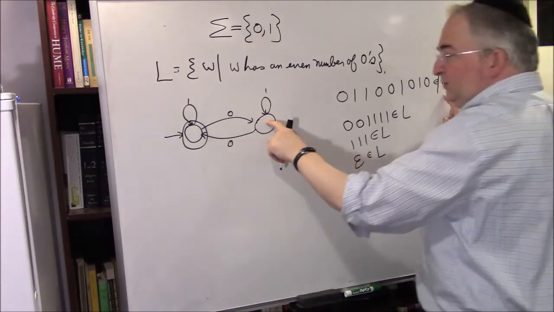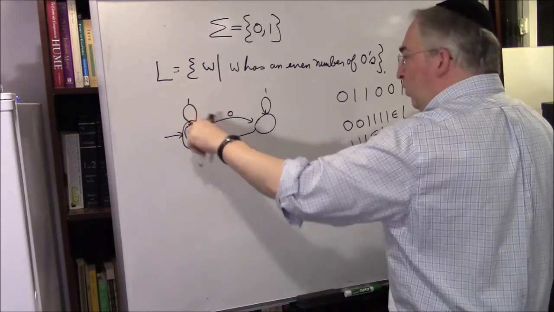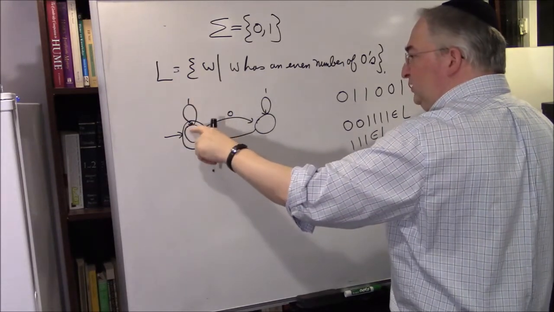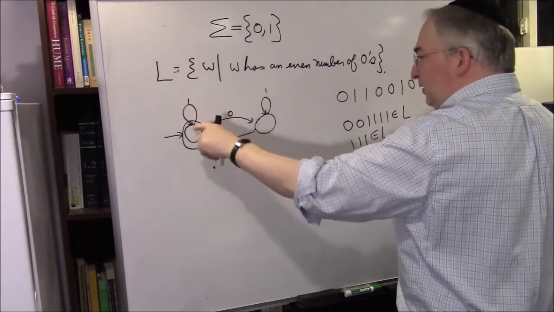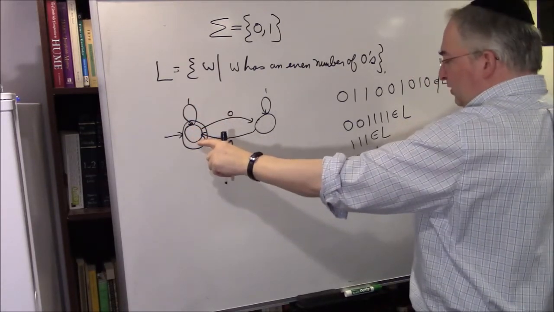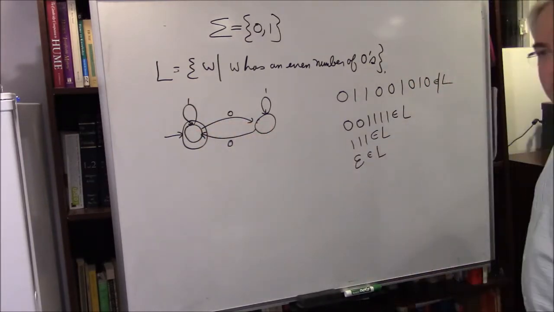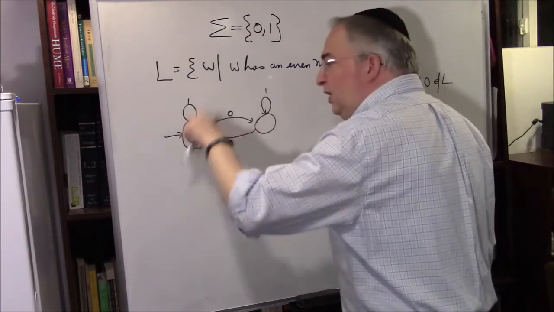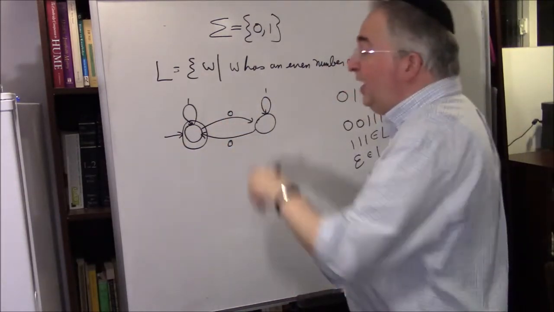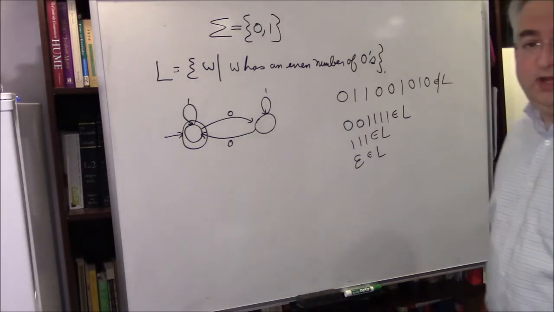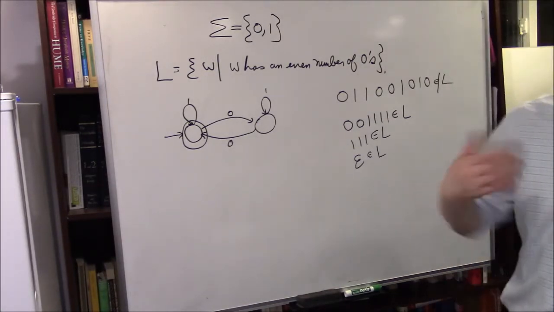As opposed to that, let's do this. 0, 0, 1, 1, 1, 1, 4 ones, he's here, he's accepted. 1, 1, 1, he's accepted. The empty word, he's accepted. Okay? So with one finger, you can follow the path along the finite automaton and determine whether or not it's accepted or not. Okay? That's very nice.